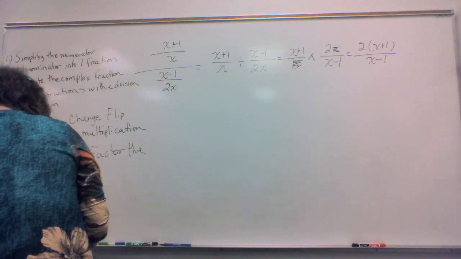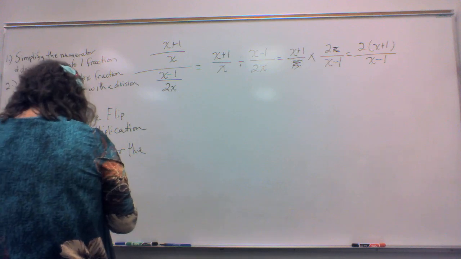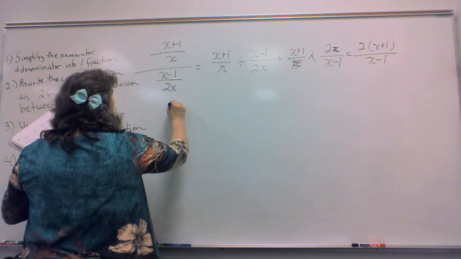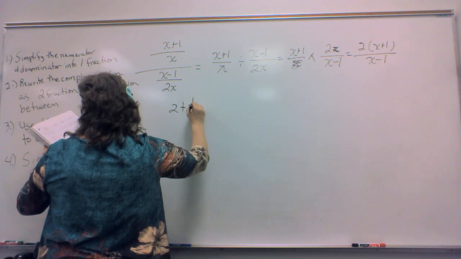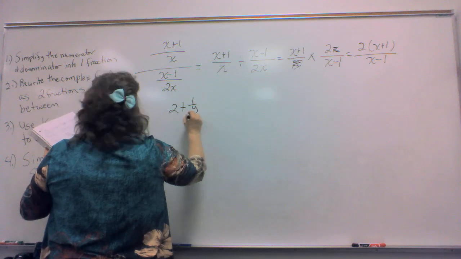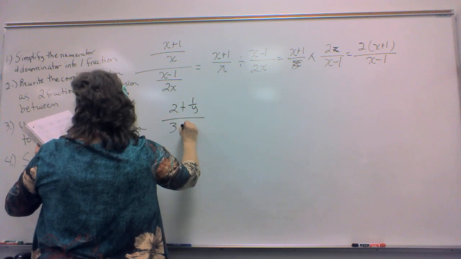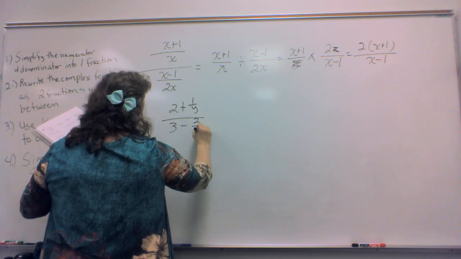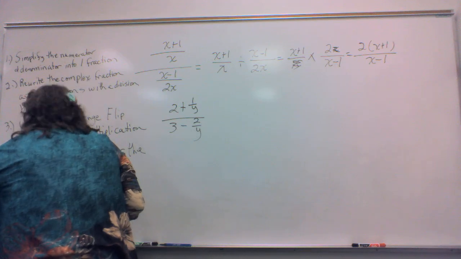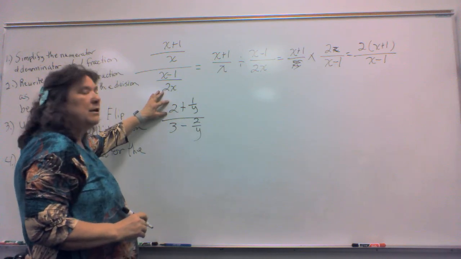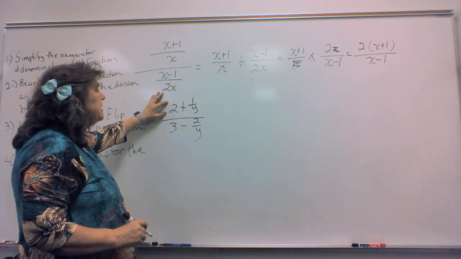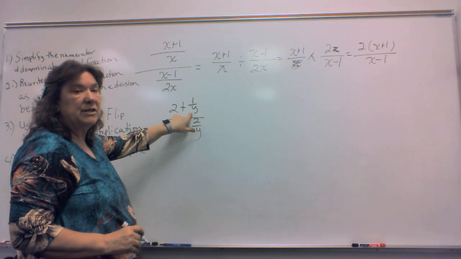Now let's look at the other one. Here's another one, okay? 2 plus 1 over y over 3 minus 2 over y. Okay, my first step is to get one fraction. So this is 2, and I have to get it to 1.